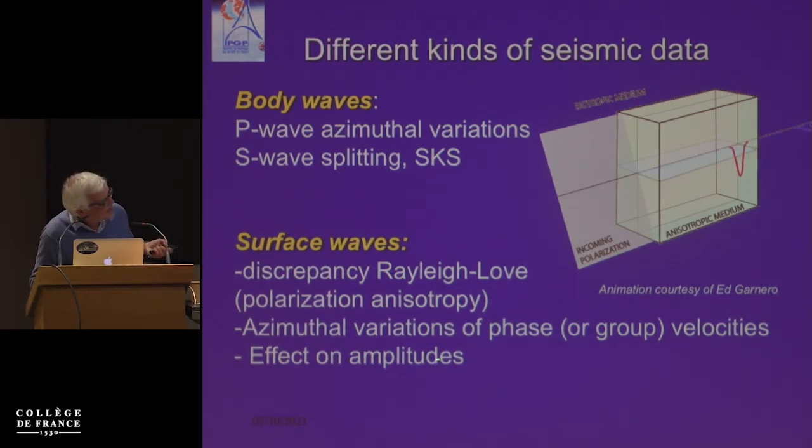And another effect which is quite important and more complicated is that when you have seismic anisotropy, you change the amplitudes, and you no longer have Rayleigh and Love waves, but quasi-Rayleigh waves and quasi-Love waves, and their interpretation and modeling is much more complicated.